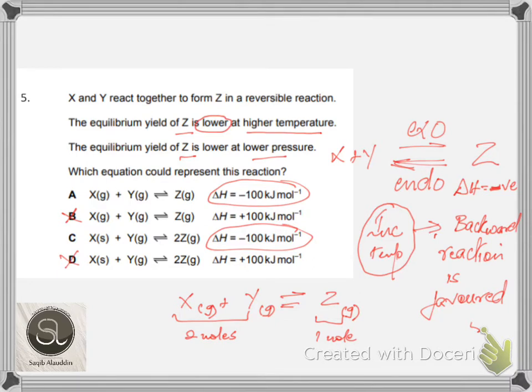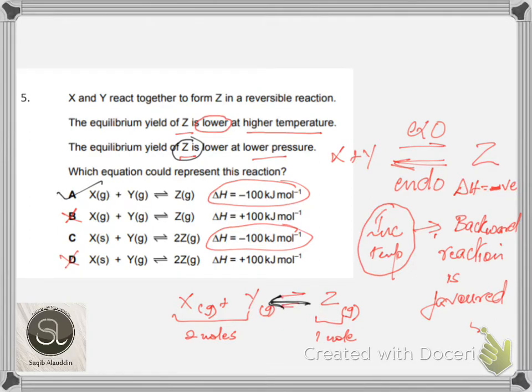Now, the rule says as we decrease the pressure, equilibrium will shift towards the side with more moles. In this case, equilibrium will shift backwards, and that is what we want, because as it shifts backwards, the yield of Z will be lower. So in this case, A becomes my answer.